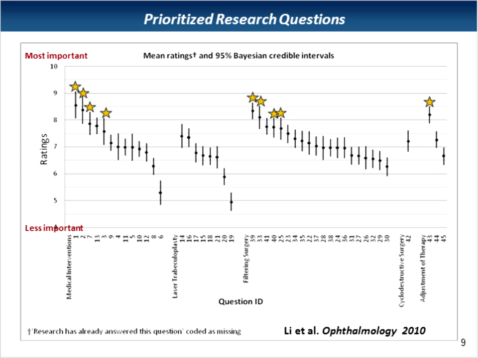Here we plotted the estimate and the 95% credible intervals for each of the questions. As you can see, a lot of the questions have overlapping intervals, but those that have a star on top of them are the ones that differentiate themselves from the rest of the questions. So we classified those questions as the most important.